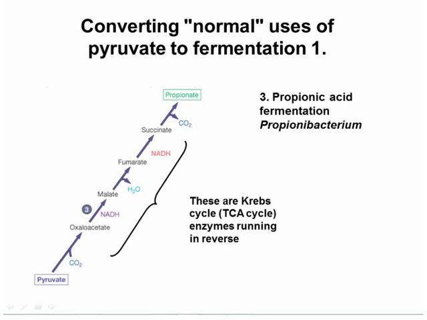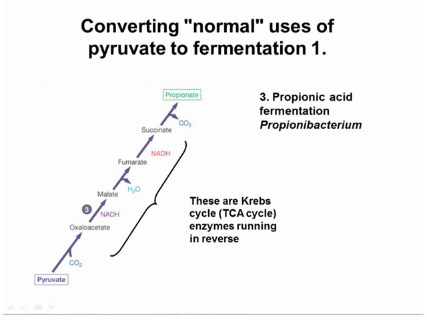More complicated than lactic acid fermentation because there are more enzymatic steps, but the bacterium already has all of these 4 enzymes, right? So it just needs to produce the enzyme that's going to catalyze the last step. It just needs 1 enzyme in addition to what it already has. So it's not so complicated for this fermentation pathway to evolve.